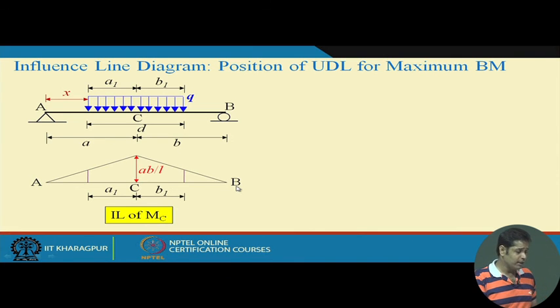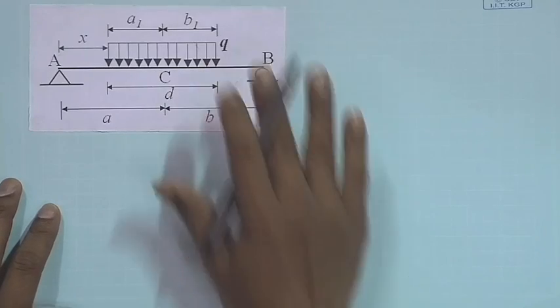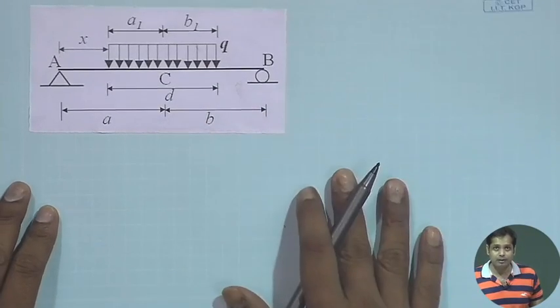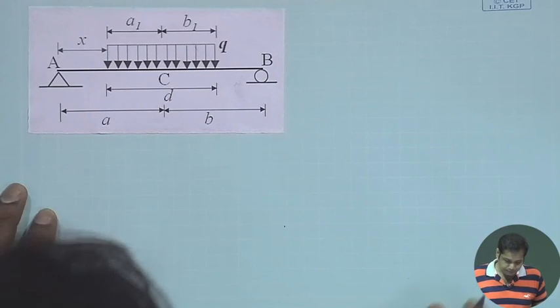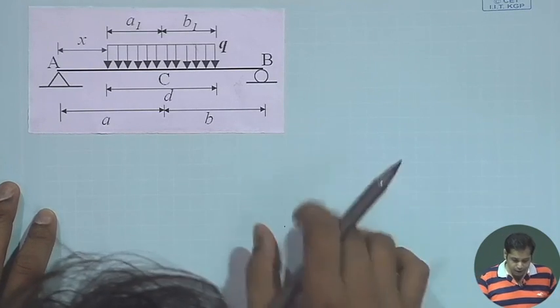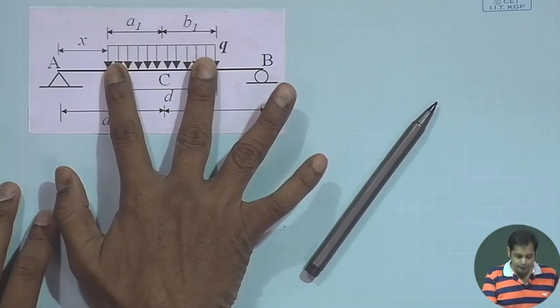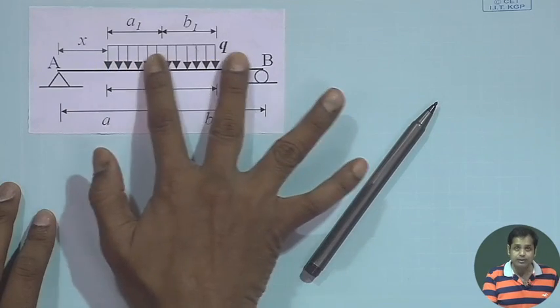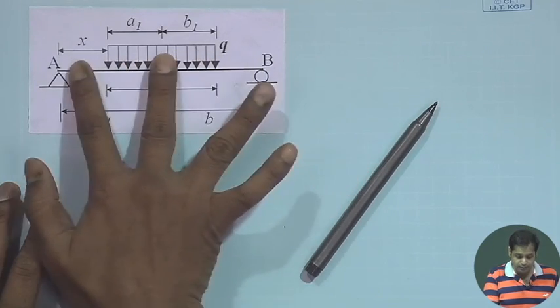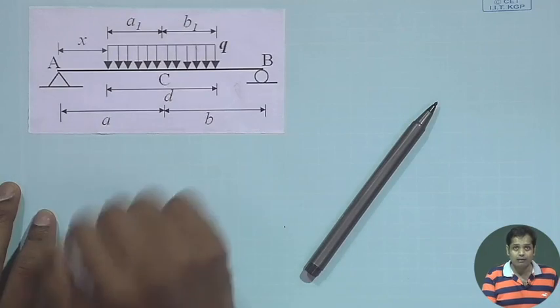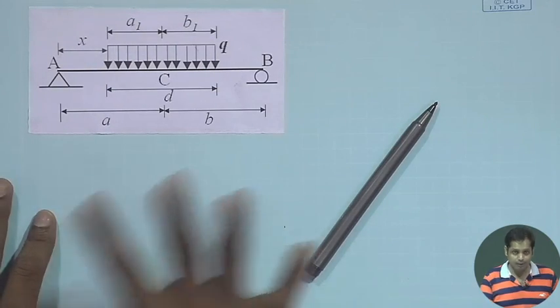Now, what is the problem? This is the diagram that I showed you. This load can change its position, and if it changes position, accordingly the values of A1 and B1 also change.